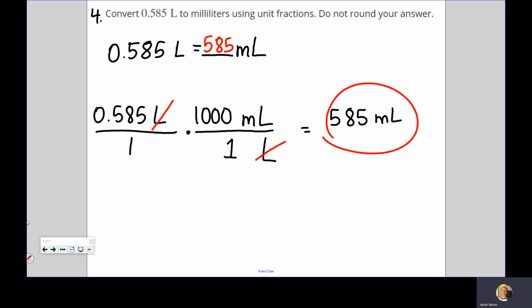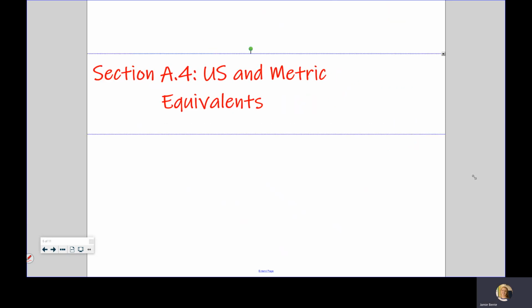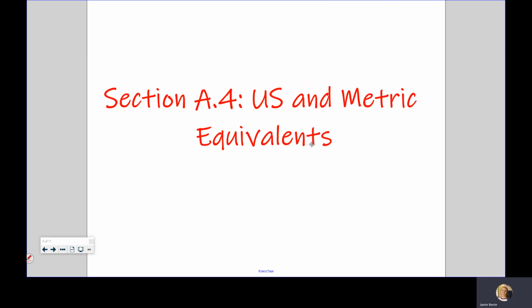We're going to move on to section A4. Section A4, we're going to use that sheet again, that conversion sheet. This is called US and metric equivalents. So converting between US measurements and metric measurements.